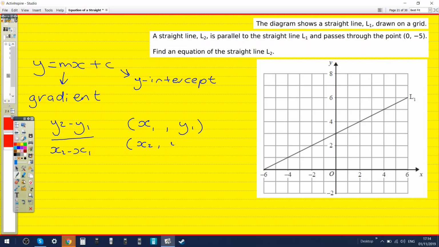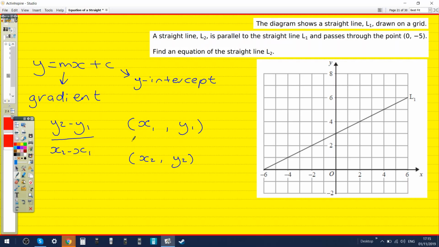Okay, so 4 for the y-axis and -6 for the x-axis. How did you get 4? It crosses the y-intercept. Oh, sorry, 3.